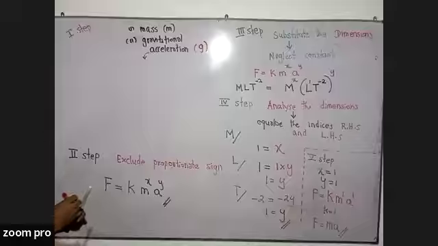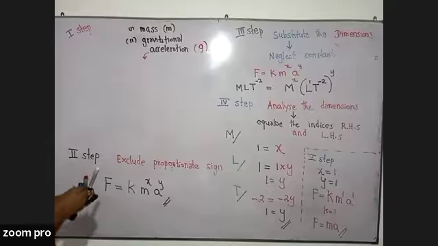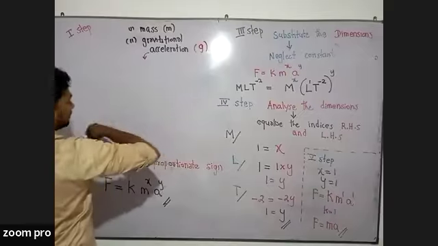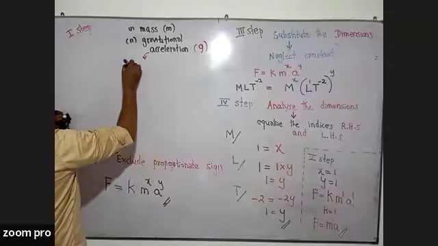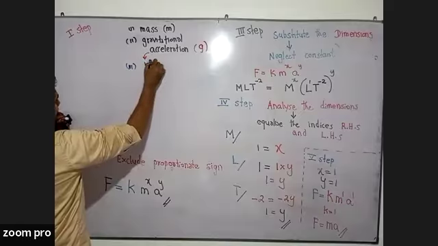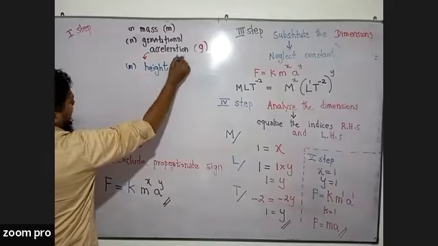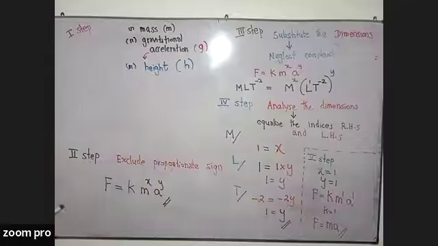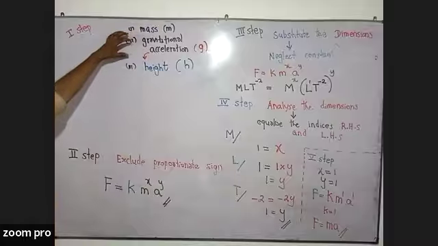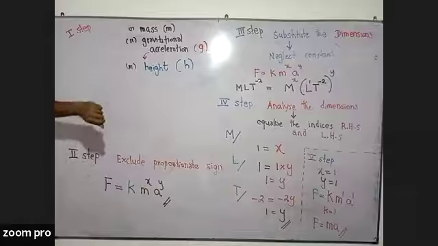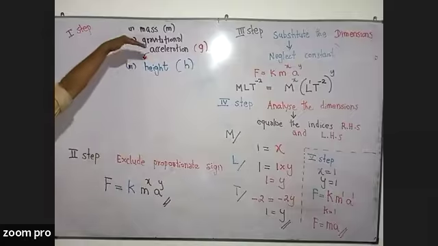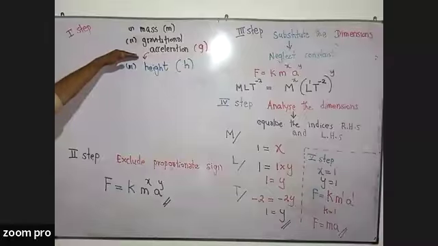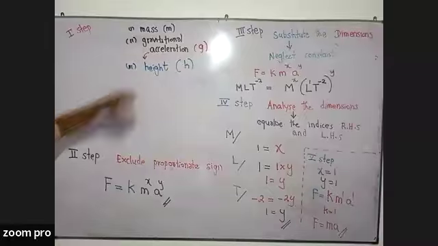Third one, height, within bracket simple h. So these are the factors which the potential energy of an object depends on: first the mass m, gravitational acceleration g, and the height h.